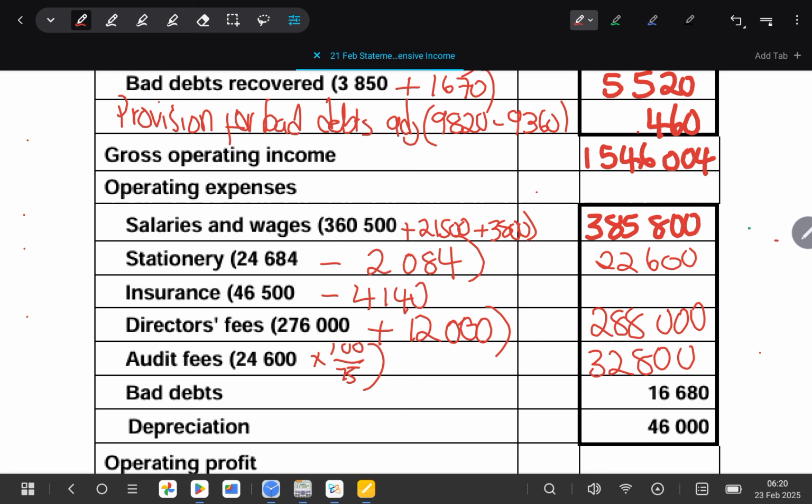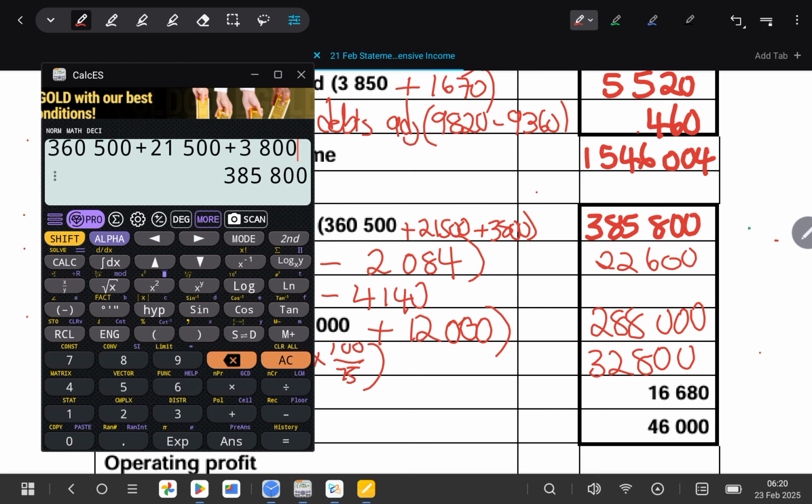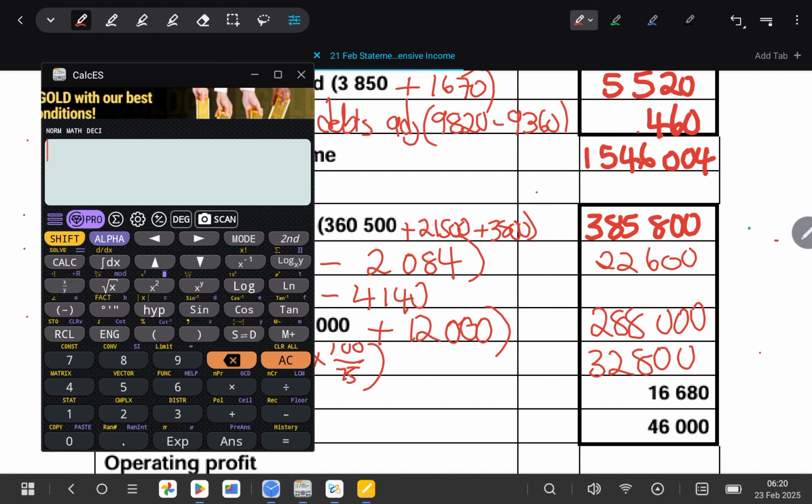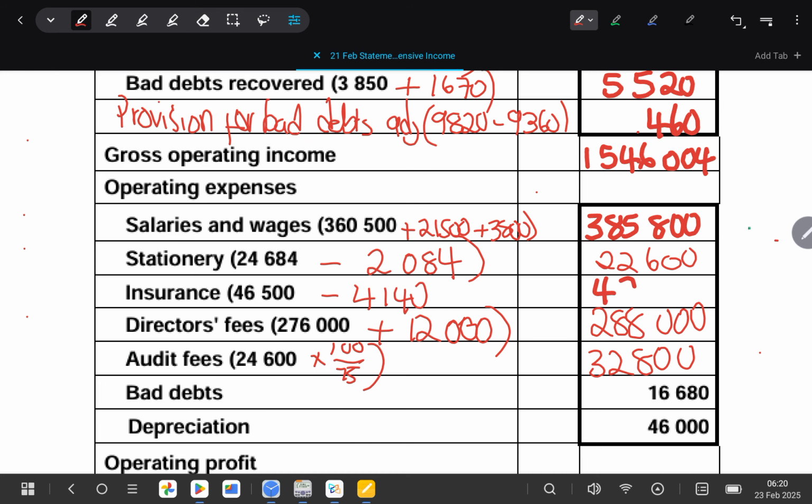Okay, and then let's check in terms of our insurance: 46,500. 46,500, we subtract 4,140. It gives us 42,360.